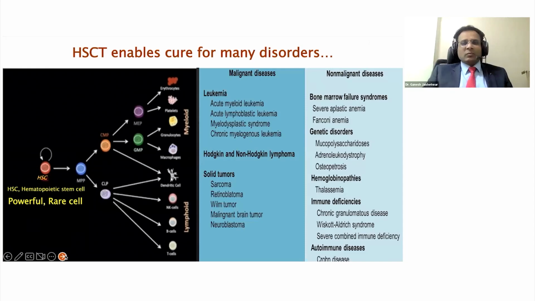The indications of bone marrow transplant are ever expanding. To name a few: bone marrow failure disorders or syndromes, genetic disorders, hemoglobinopathies like sickle cell anemia and thalassemia, immunodeficiency disorders, and so on and so forth. There is also an upcoming role of autologous transplant in suboptimally managed severe autoimmune conditions.